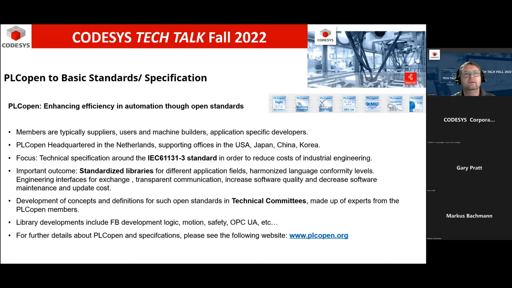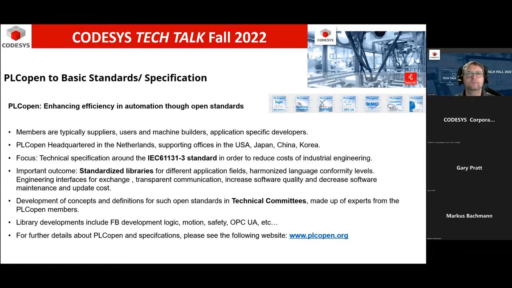PLCopen, if you're not aware of it, is headquartered in the Netherlands. Offices are in the US, Japan, and it says here China and Korea. The main focus, the reason it was created, was to create a technical specification. This is where you hear about the IEC 61131-3 standard.